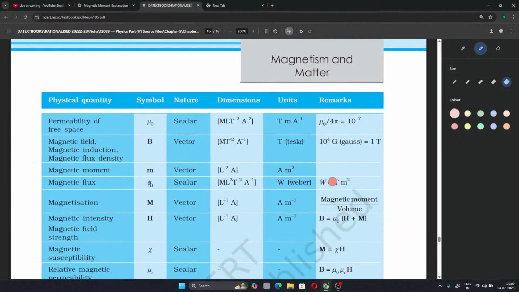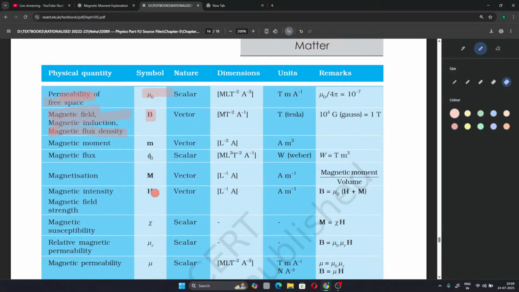Now there are symbols here: permeability of free space, mu naught, scalar, and so on. Magnetic field, magnetic induction, magnetic flux density, all are represented by B, where 10 power 4 Gauss is equal to 1 Tesla, and Gauss is the CGS unit of Tesla.